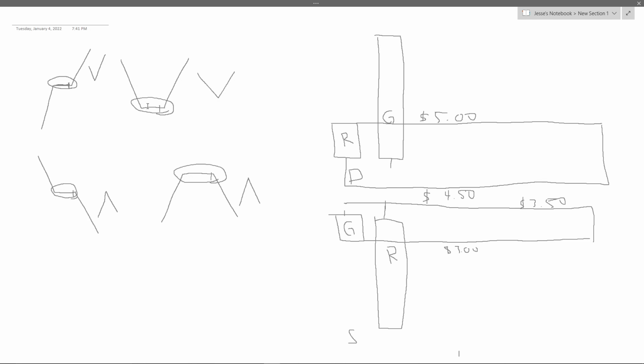You have a drop, a base, a rally. For supply, you have a drop, base, drop, and then for supply again, you have a rally, base, drop. So for now, just try to focus on identifying candles that look very similar to this structure for both supply and demand.